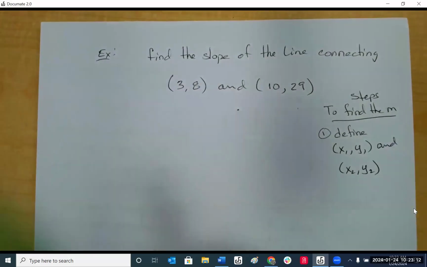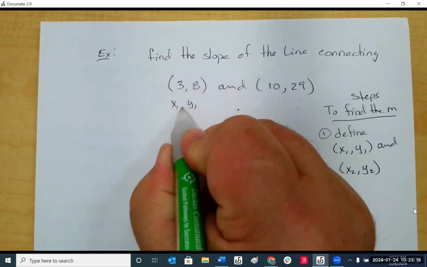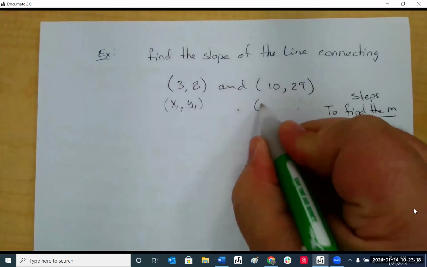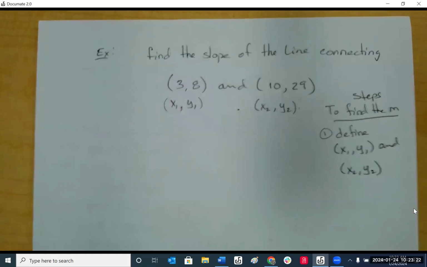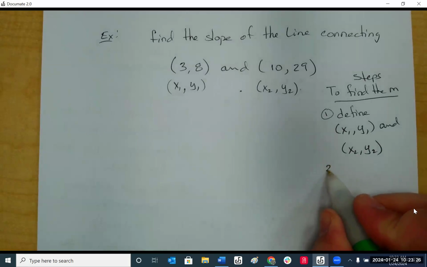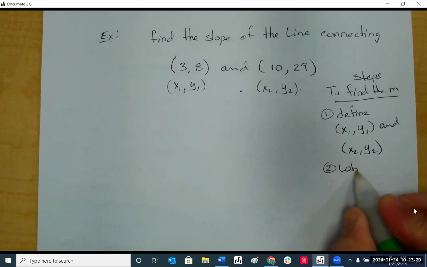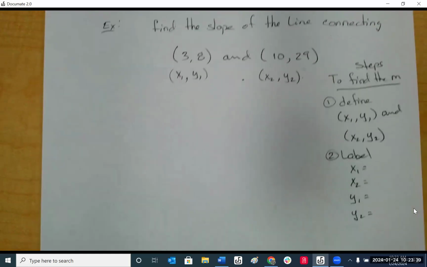In this case, this is the first point I get to, so that's x1, that's y1. This is x2, y2. Step 2, label x1, x2, y1, y2.